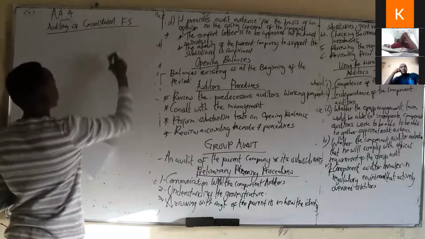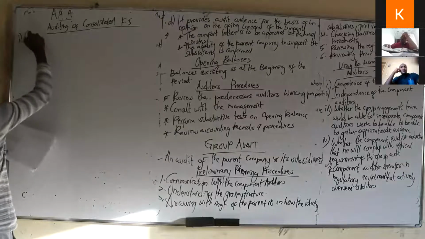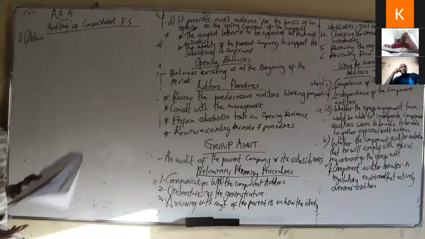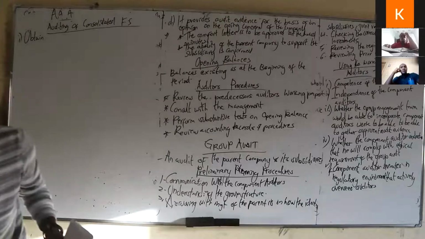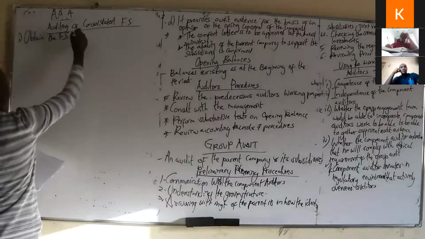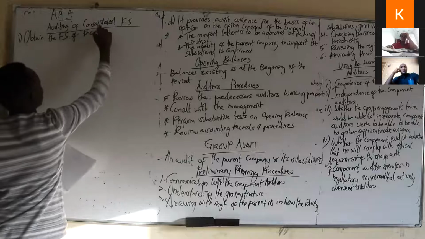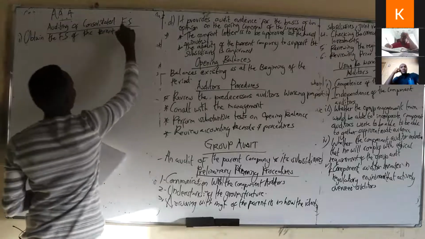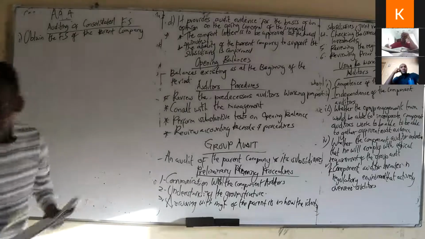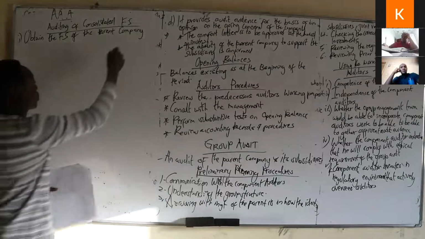So one of the items that you will state in this case, the first thing, is that you will obtain the financial statements of the parent company and the components.